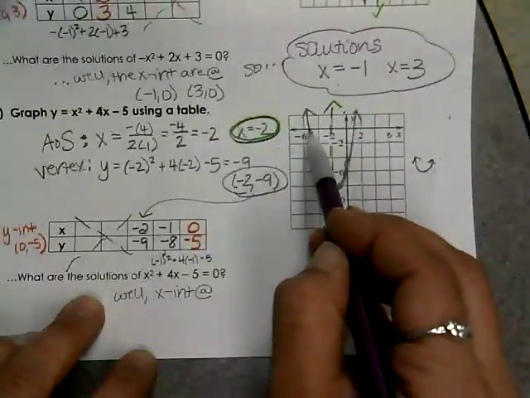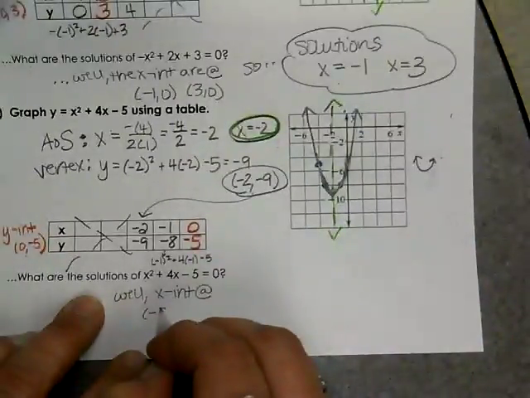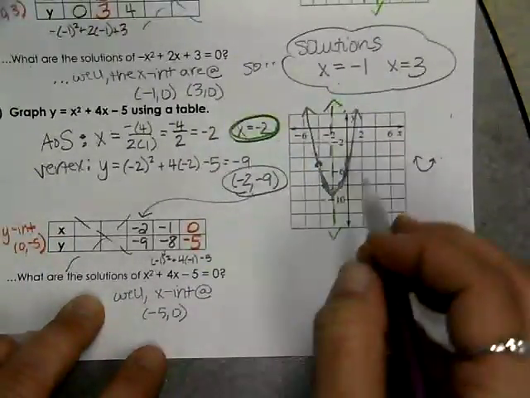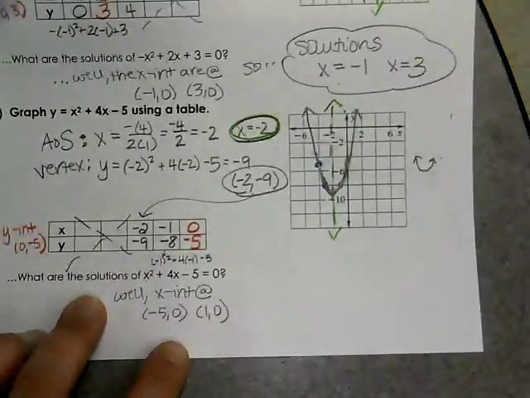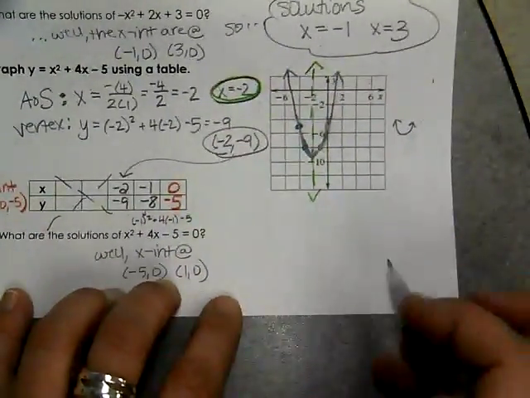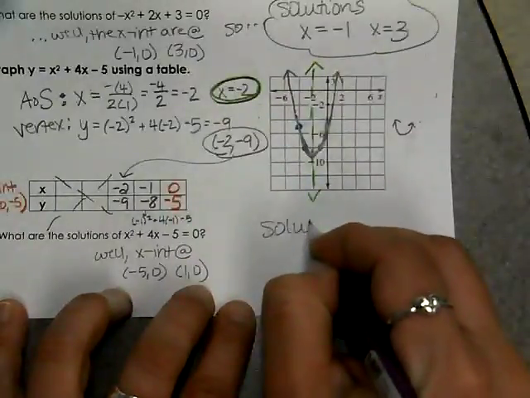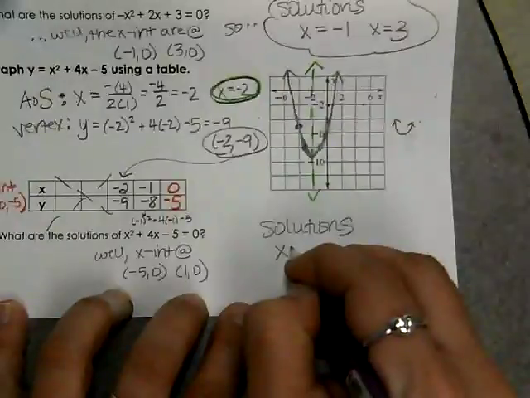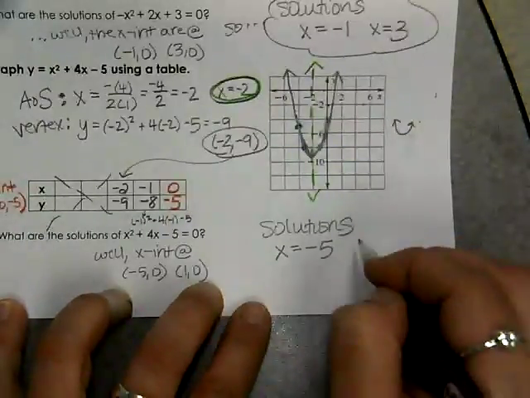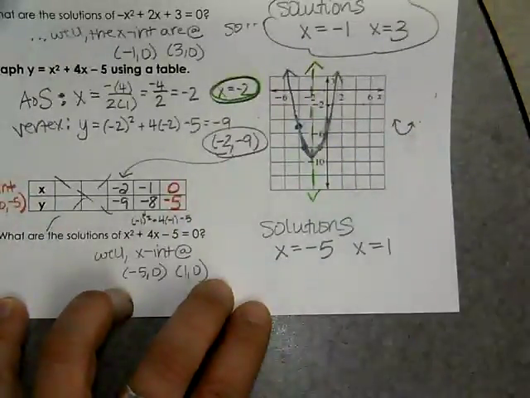But it looks like my x-intercept was at negative 5, 0. And it looks like I have one at 1, 0. So that means that our solutions would be at x equals negative 5 and at x equals 1.